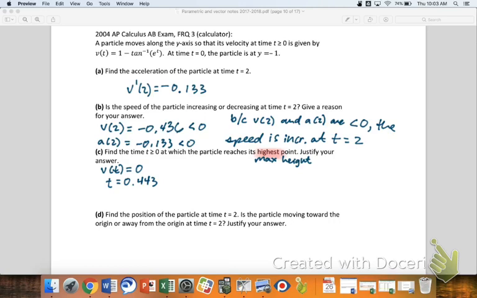You probably graphed it to get that number. And so you could probably say v of t changes from positive to negative at that t value. Therefore, the max height is reached then. Something like that.